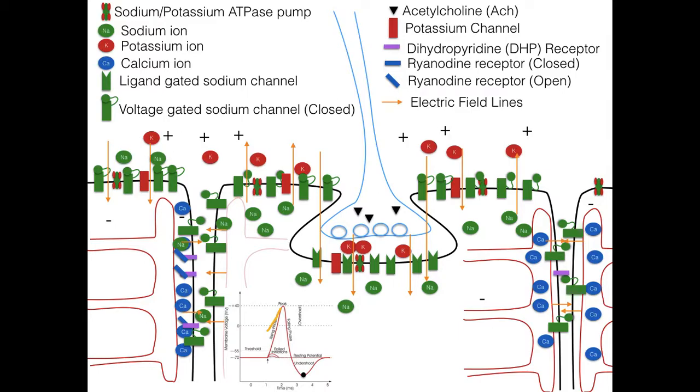That you have a release of neurotransmitters that activates ligand-gated sodium channels. Sodium rushes in. That triggers voltage-gated sodium channels to let more sodium in, and that's what propagates across the membrane. You then have that reset. Potassium goes out, and that reestablishes the potential, closing those sodium channels in a wave going down the membrane.